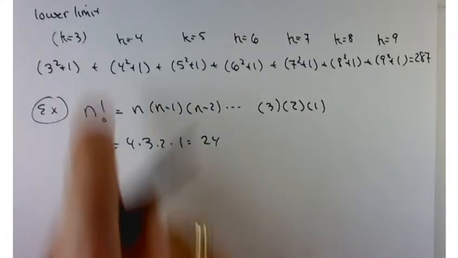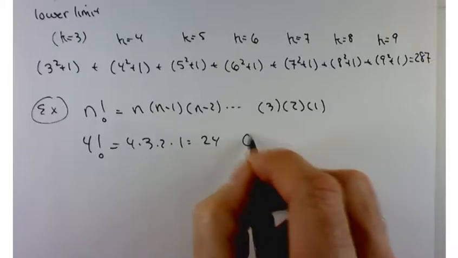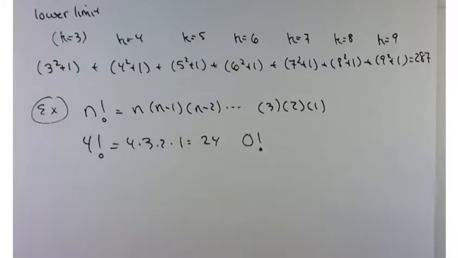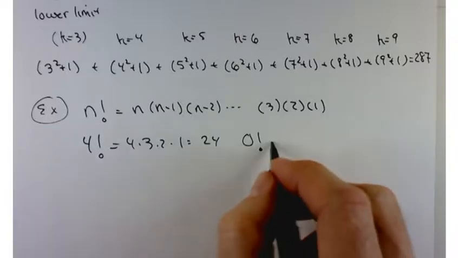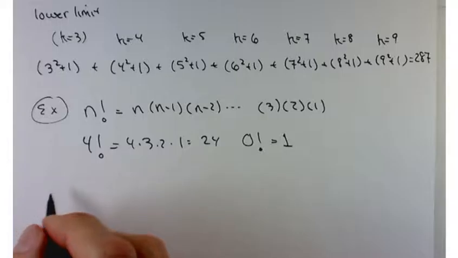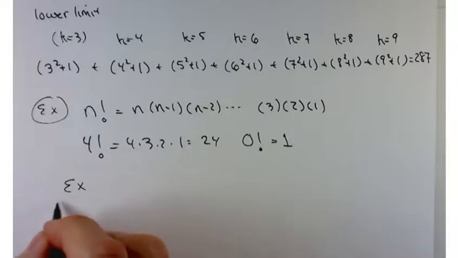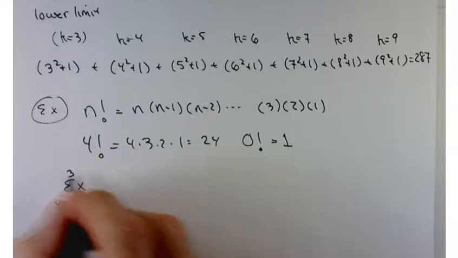Let's do another example using summation notation. Just a quick reminder, in case you've forgotten, 0 factorial is 1, which is kind of cool. So let me give you a summation: the sum from x equals 0 to 3 of x factorial.